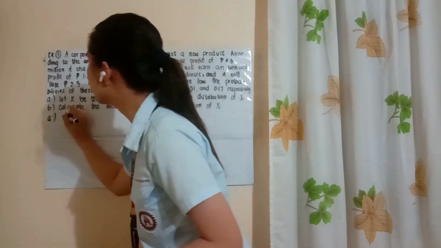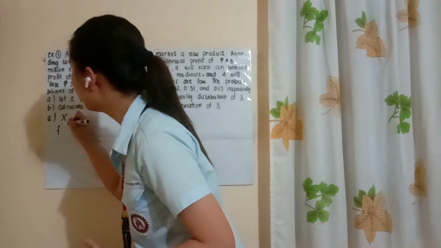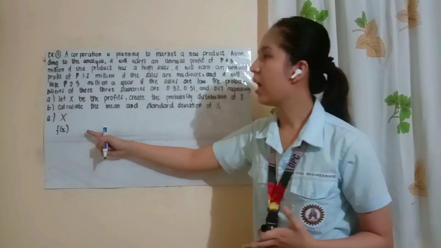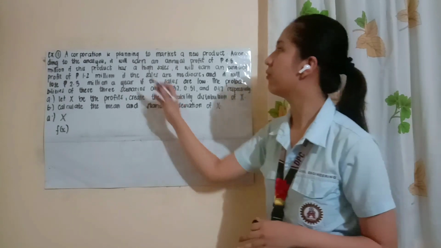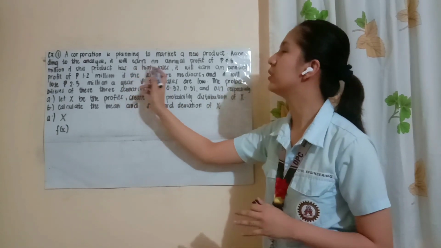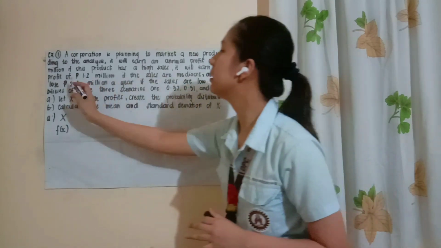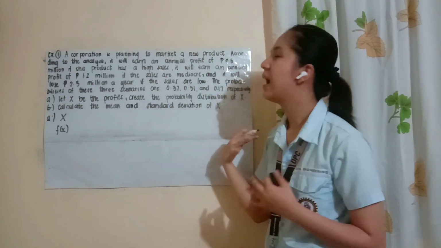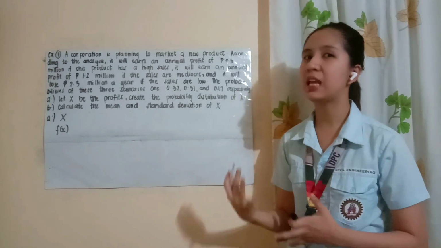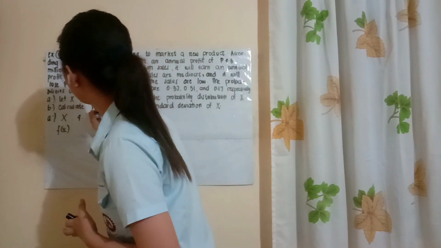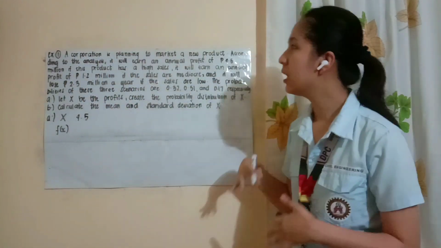And for that, let's create our probability distribution. We have x and f of x. For the first one, it says that it will earn an annual profit of 4.5 million if this product has high sales, so the corporation gains. Let's put 4.5.